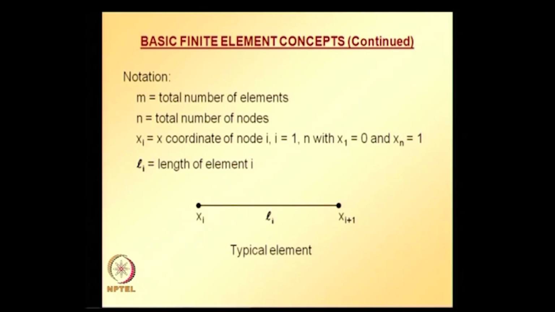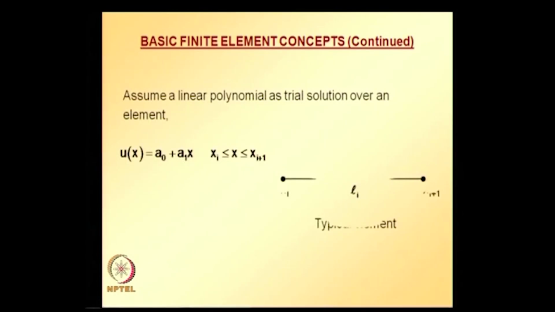What we will do is assume a linear polynomial as a trial solution over this typical element. The trial solution can be written as u is equal to a naught plus a1x, and the domain of this element goes from xi to xi plus 1.